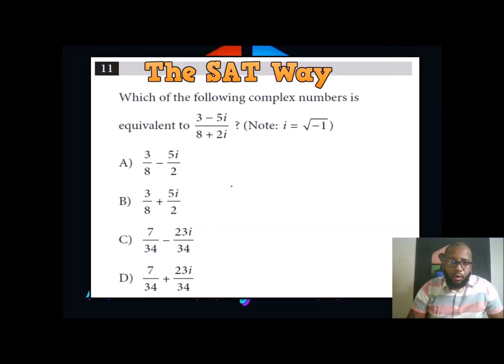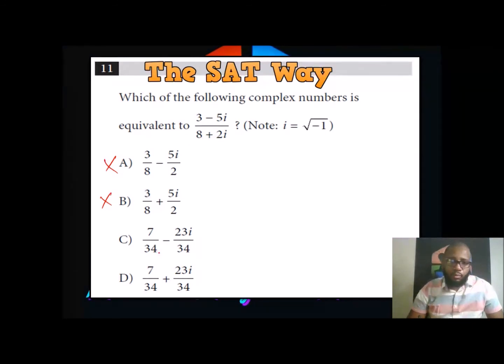Now, here we have our final answer for the day, which is, of course, an SAT past question. Now, instead of me showing you how to work the whole thing out, I will show you how to get the answer as quickly as possible. Now, clearly, neither A nor B could be our answer, because we would have to go and multiply by the conjugate, and your answer definitely would not look something like these.